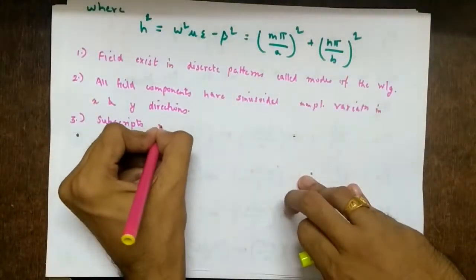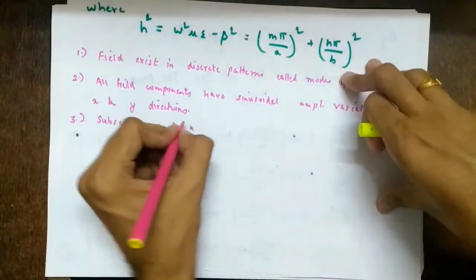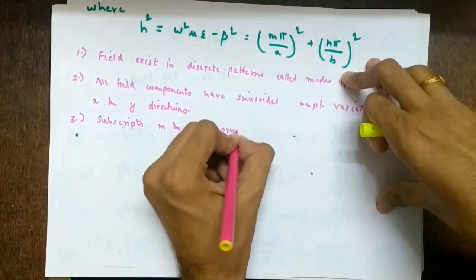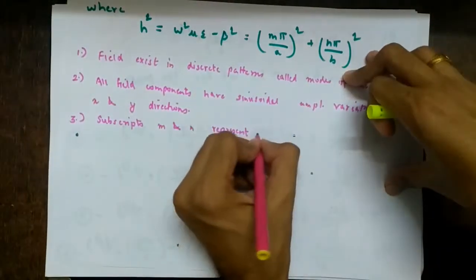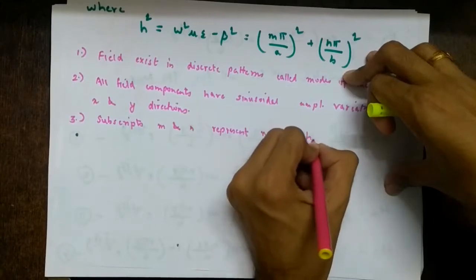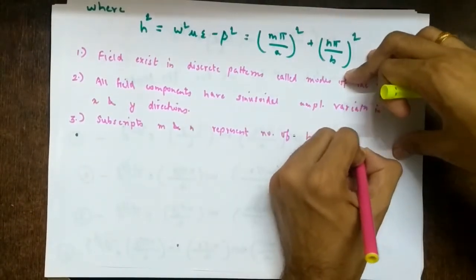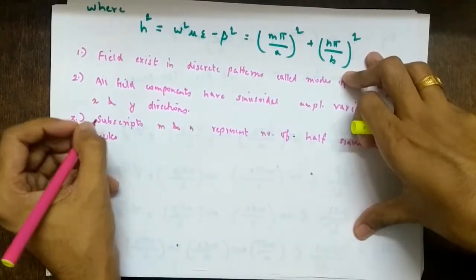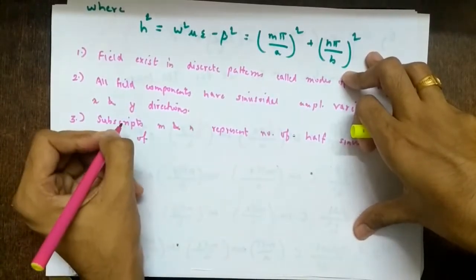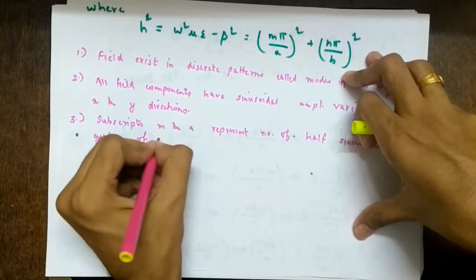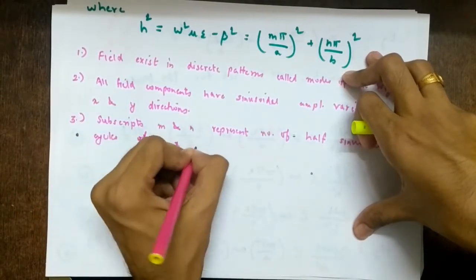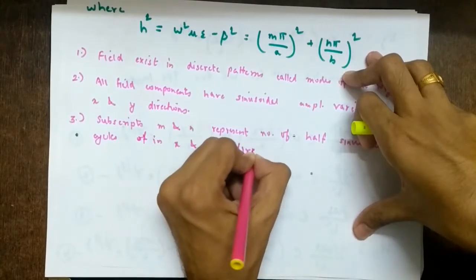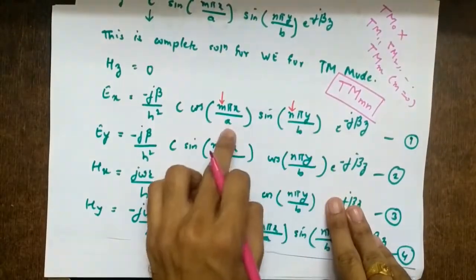Subscripts m and n represent the number of half sinusoidal cycles in x and y directions. Why do we say only x and y? Because here you take x and y, right? You see x and y here. That is the reason.